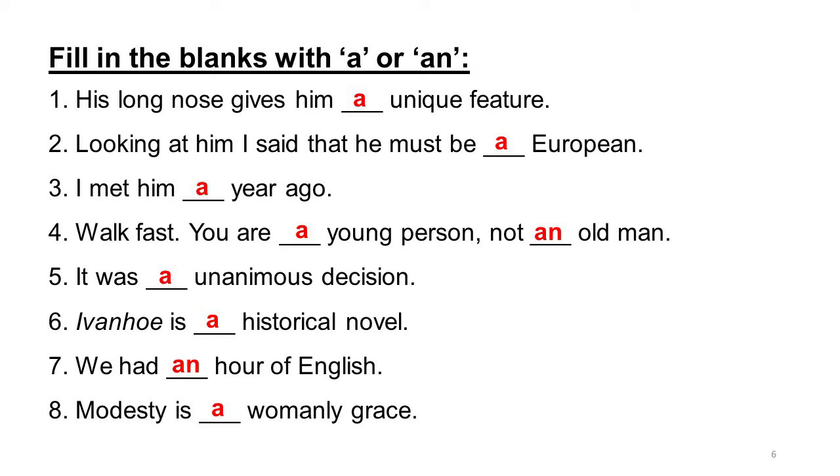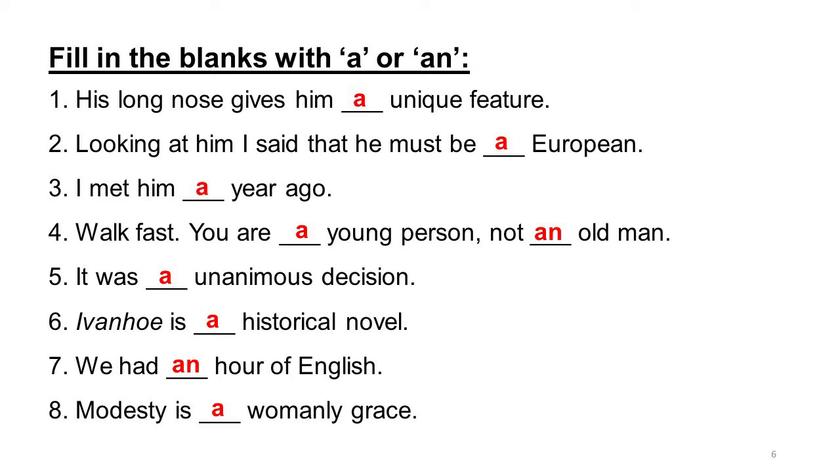And the next one is an hour of English. We had an hour of English. So even though this begins with a consonant letter, which is H, the sound here is that of a vowel sound. So it has to be an hour of English. And the eighth one is modesty is a womanly grace.